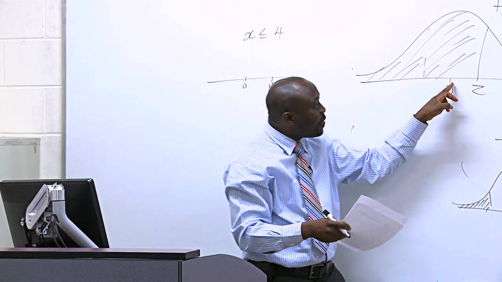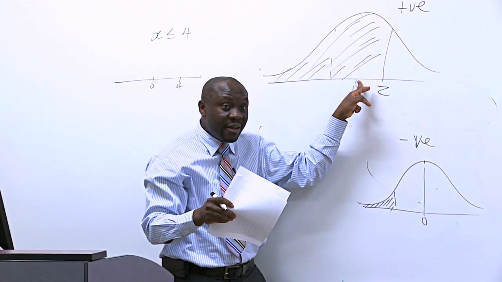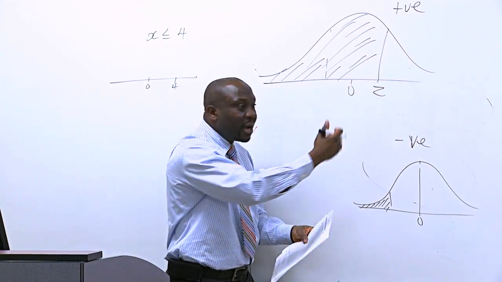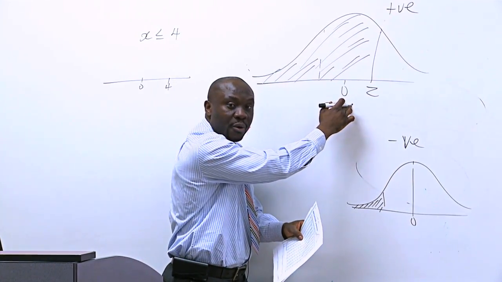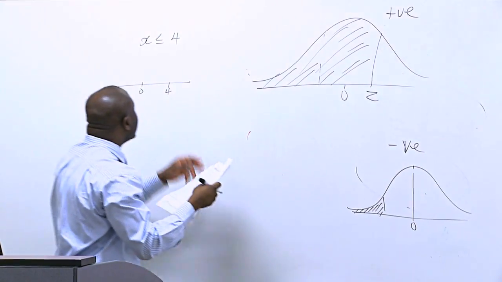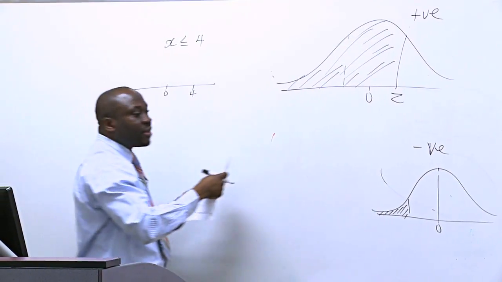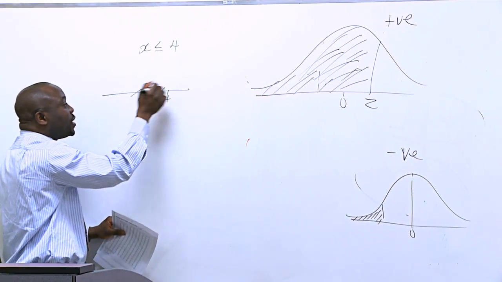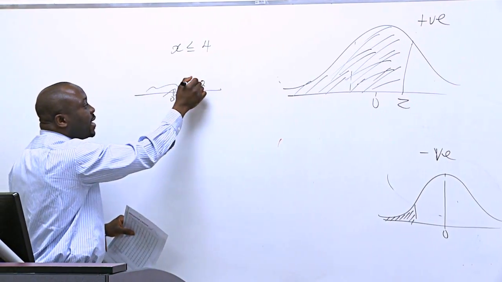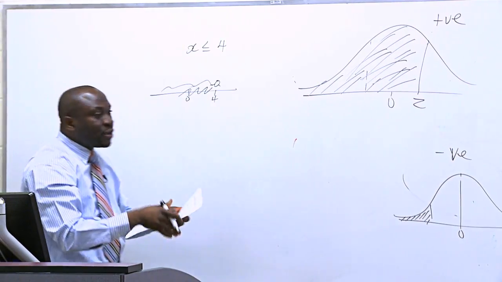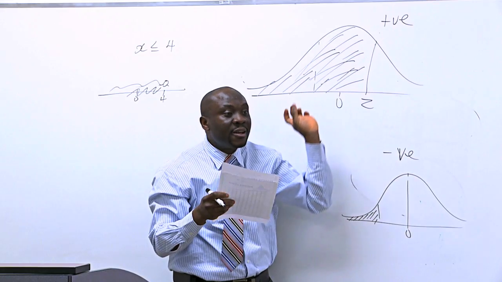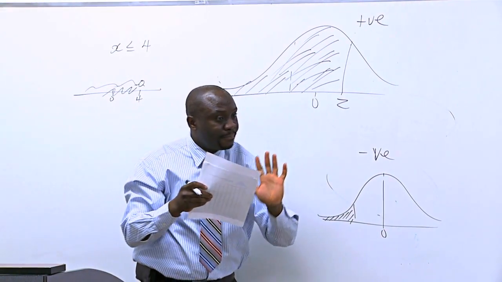That is why you have a 0 over here, which is the mean, and z is over there. It means z is positive. A positive number is always to the right of the 0. And because it is less than, it is shaded to the left. You drew a little circle and then all the way to the left, right? So this shading is an indication that you have less than.